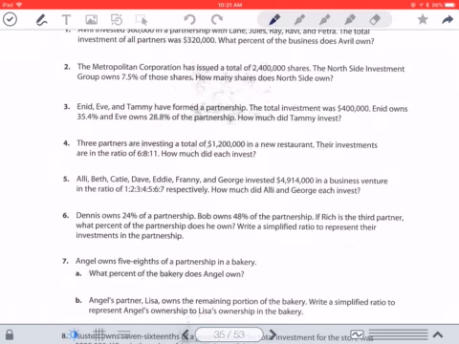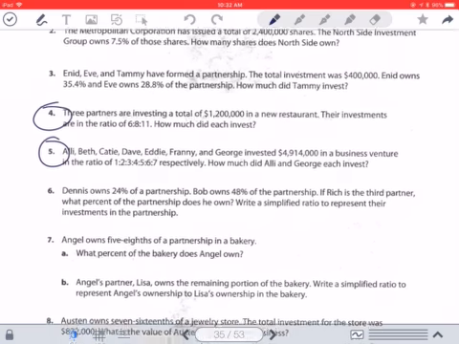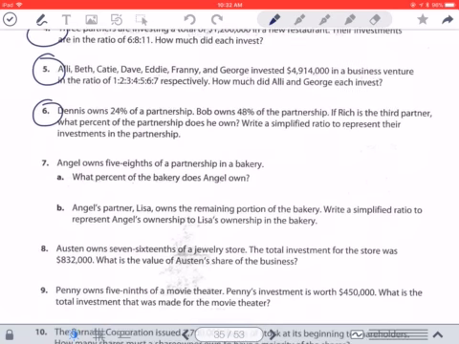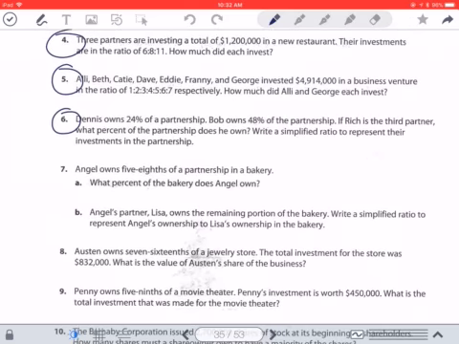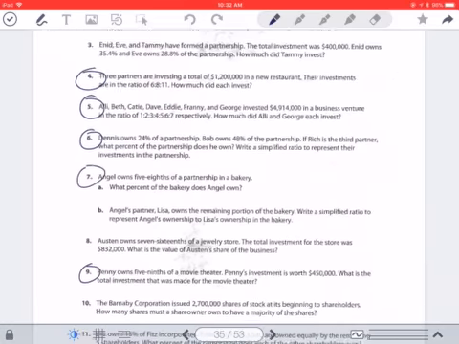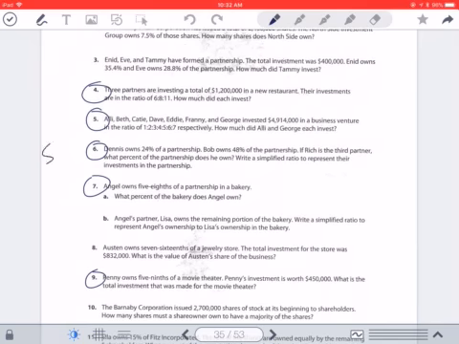So I want you to do number 4, number 5, number 6, and 7, and what's the other one here? Okay, and number 9. So you got 5 through 7 and number 9.